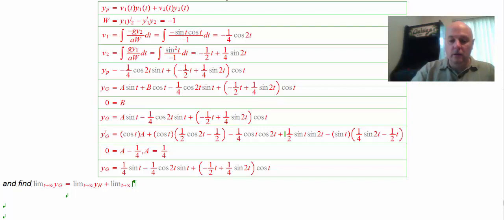So let's just put that in there, the particular solution. The point I'm trying to make here is that if the eigenvalues of the equation both have negative real part, then this piece, the homogeneous solution as t goes to infinity, is equal to 0, and so eventually the solution just approaches that of the particular solution.